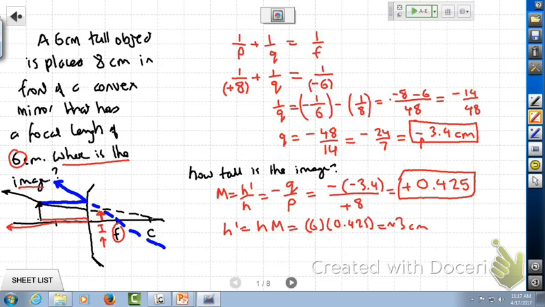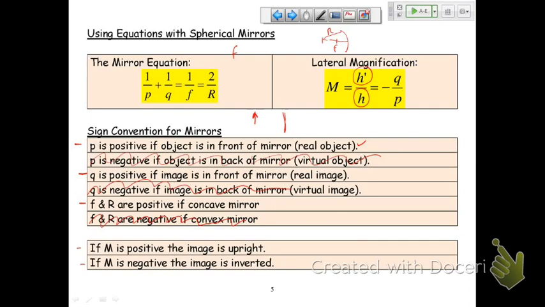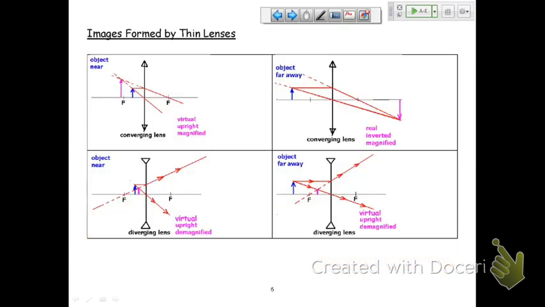Okay, so let's go back here. So then, let's do the same thing for the lenses now. Two types of lenses. The converging lens is shaped like that, and the diverging lens is shaped like that.